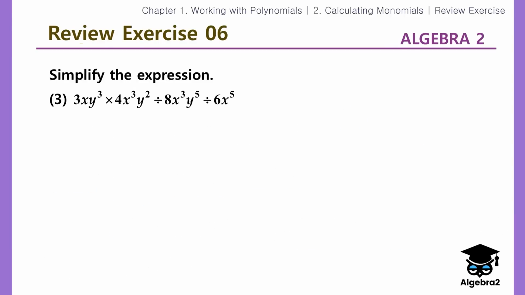Number 3. In this expression, we don't have any parentheses. So our first step should be to convert this division to multiplication, right? So let's try that. So we have 3xy cubed times 4x cubed y squared times 1 over 8x cubed y to the 5 times 1 over 6x to the 5.